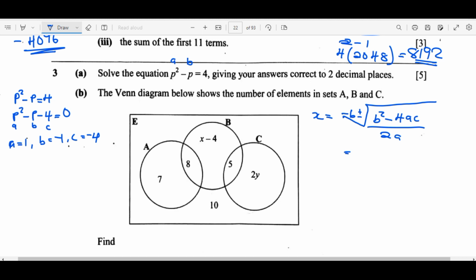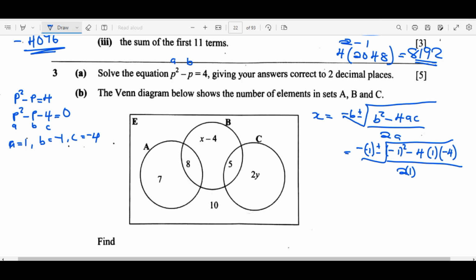We have negative, bracket 1 closed, plus or minus the square root of negative 1 in brackets squared, minus 4 open bracket 1 close, open bracket we have a negative 4 there, and then over 2 in brackets.